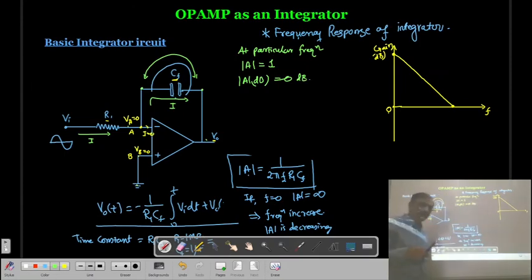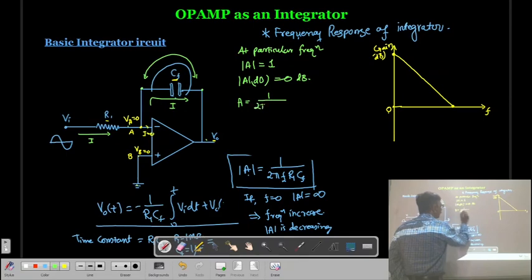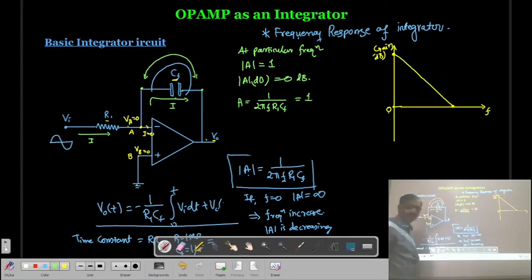So what will be that frequency? That frequency you can calculate from this. Here we have this formula that A is equal to 1 upon 2 pi f R1 Cf, and we consider the unity gain, that is 1.